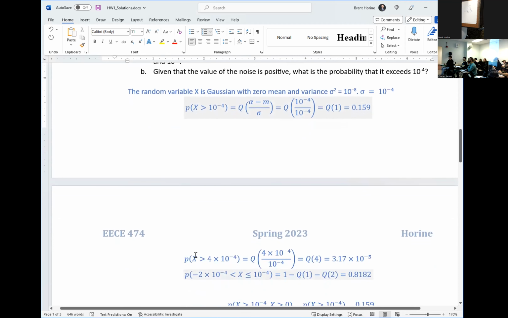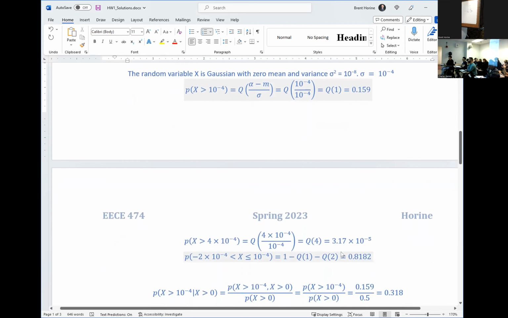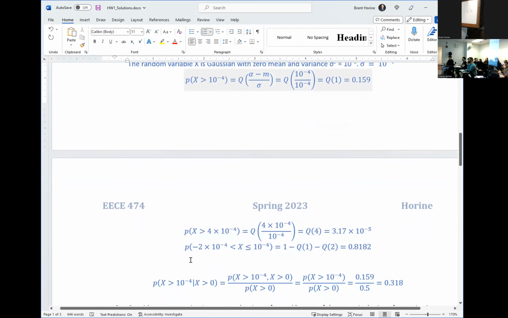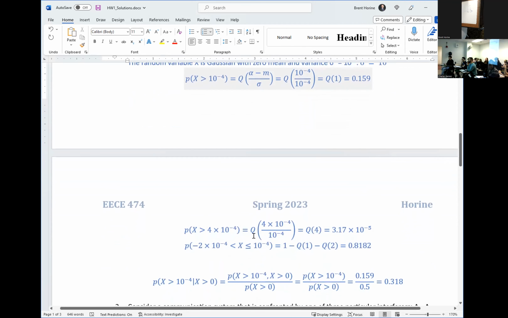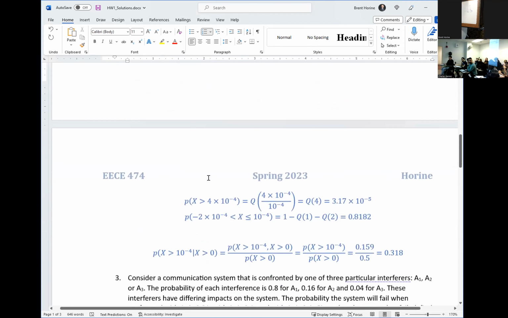So then what is the probability that X is greater than 4 times 10 to the minus fourth? Well, the mean is still 0. So now you just substitute in 4 times 10 to the minus fourth, and you end up with Q of 4. You look that up in a table. Okay. And now this is the one where you're looking at a range. What does the m represent? The mean. In this problem, the mean is 0, so it's simplified.